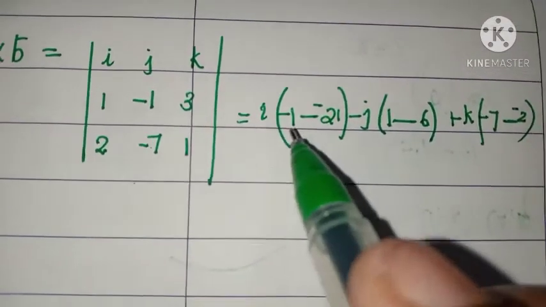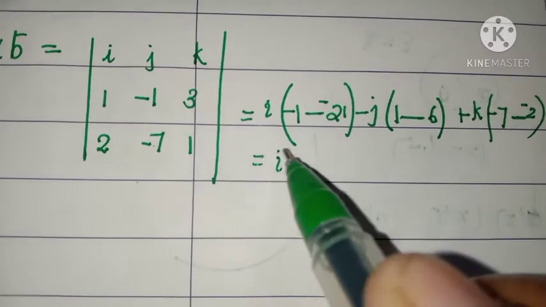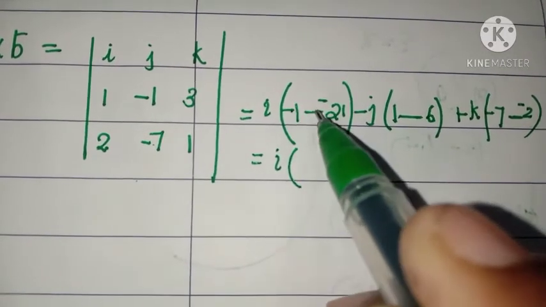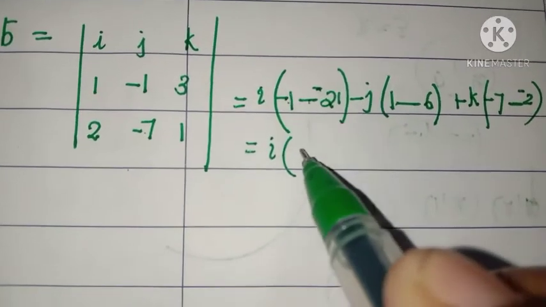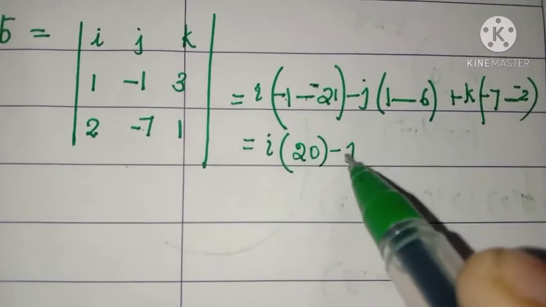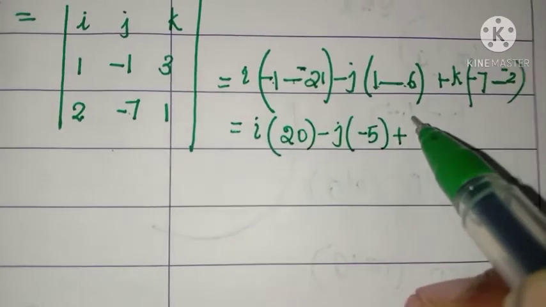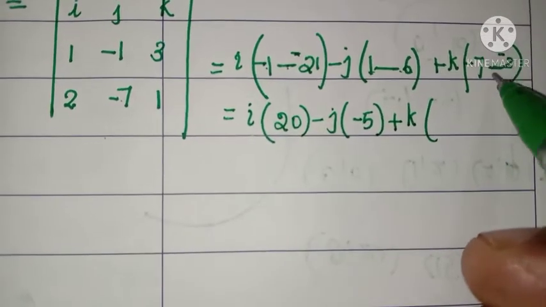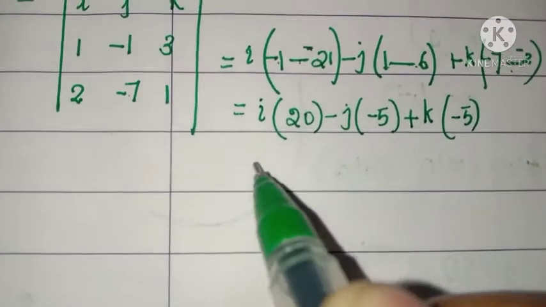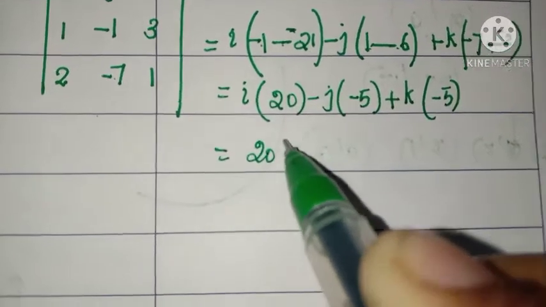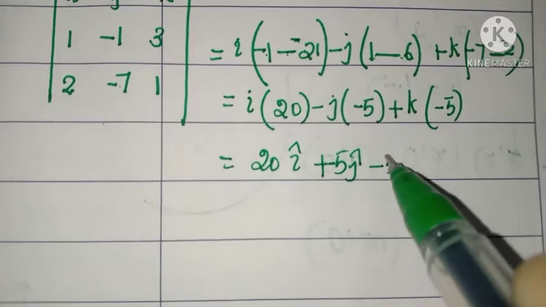I hope all of you know how to find the determinant. Now simplify. i into minus 1 minus 21, minus plus, so 21 minus 1, 20. Minus j into 1 minus 6, minus 5. Plus k into minus 7 plus 2, minus 5. So this can be written as 20i plus 5j minus 5k.